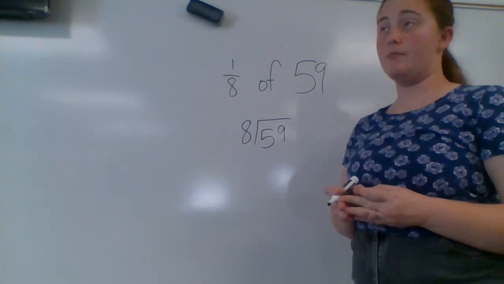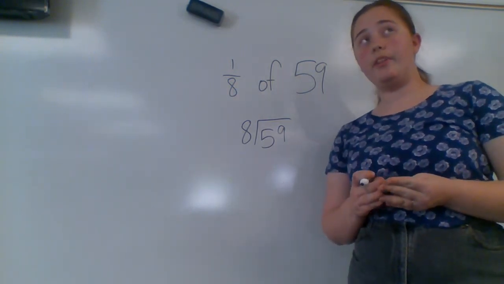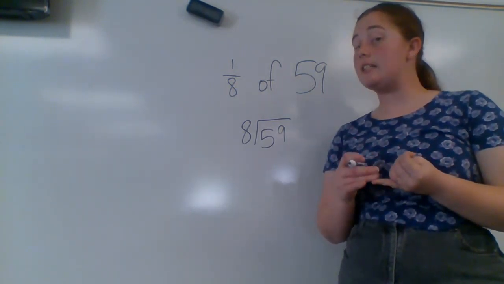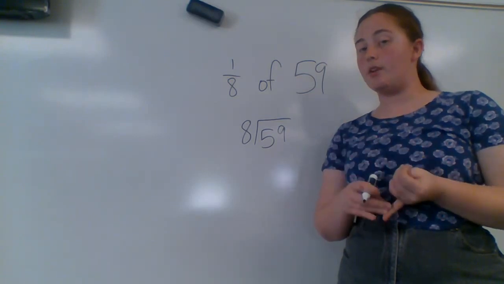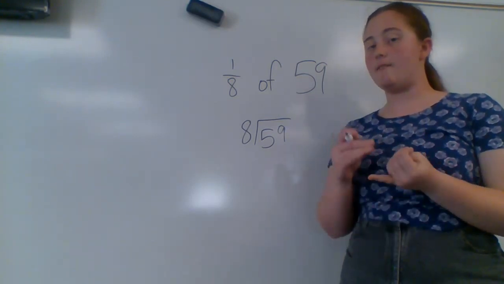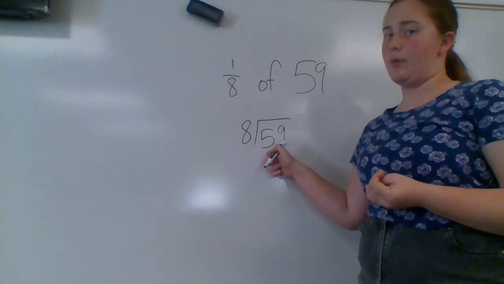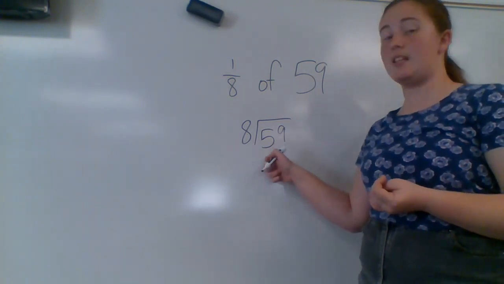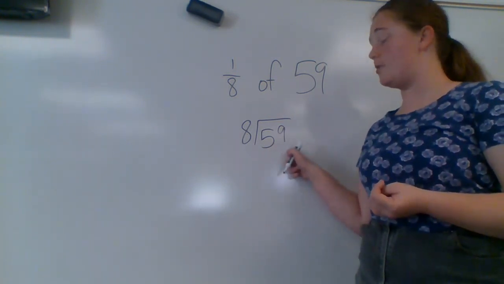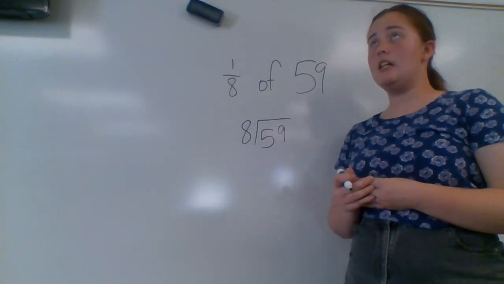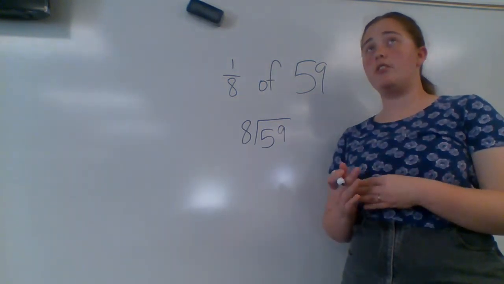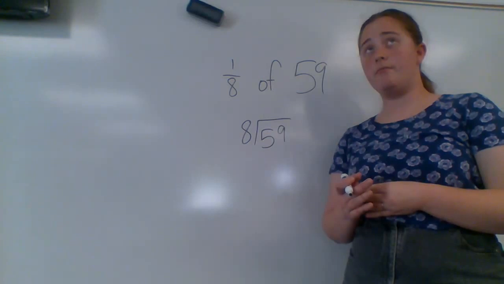How many times? Well, I know 8 times 8 is, right, 64. So 8 times 8 is 64. That's already too big. So I know that 8 times 8 is not going to work because 64 is bigger than that 59.